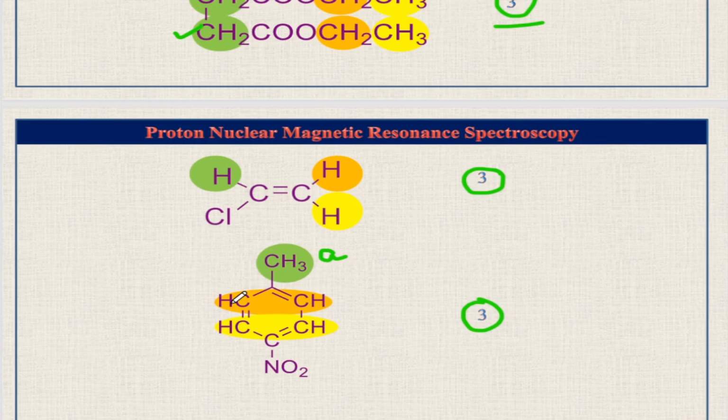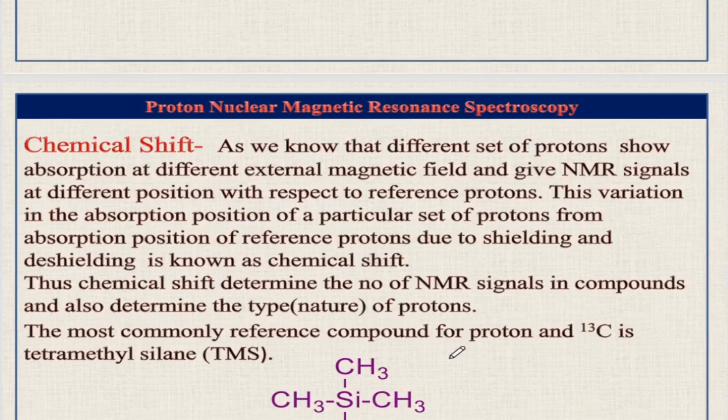This CH is different from this CH, because here the environment is CH3, and here the environment is NO2. So it has three sets of protons, so it gives three NMR signals.